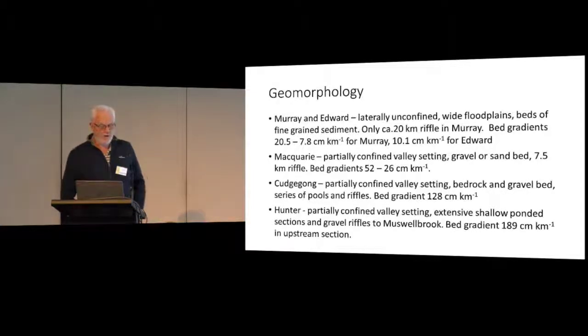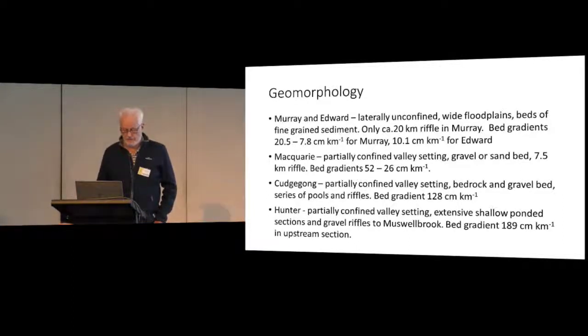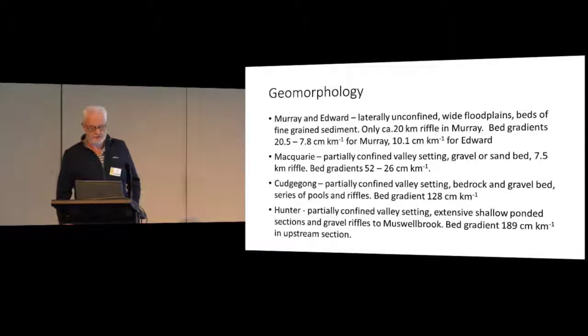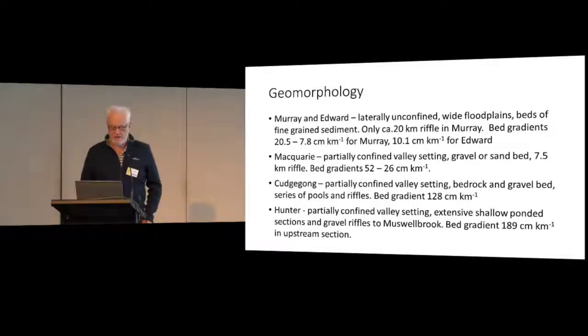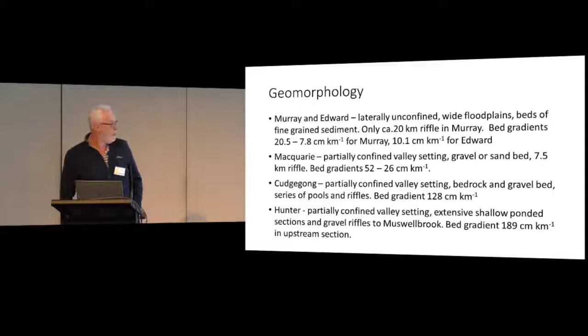In terms of geomorphology, the 5 rivers have quite variable differences in geomorphology. In particular, the Murray and Edward rivers are laterally unconfined rivers with wide floodplains and have beds of fine-grained sediments.